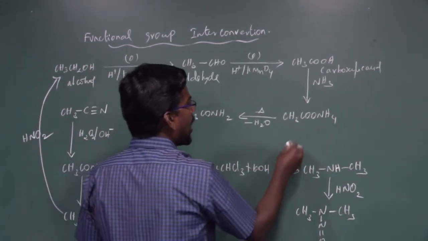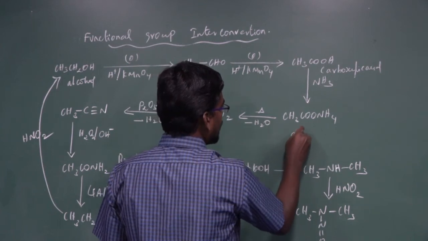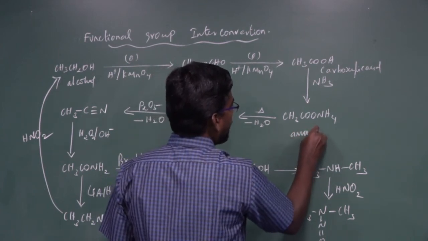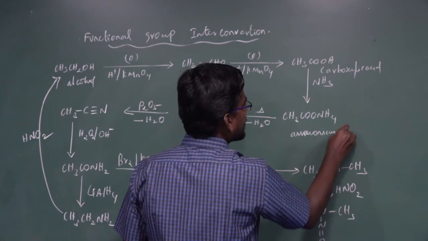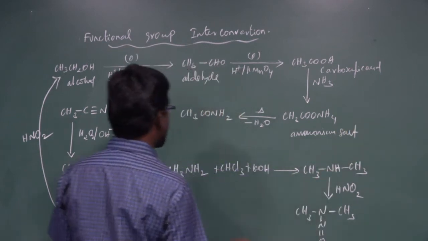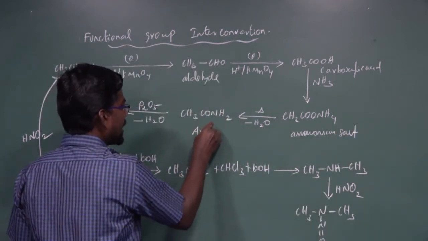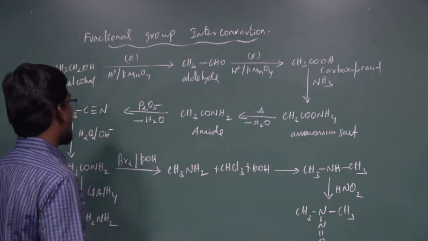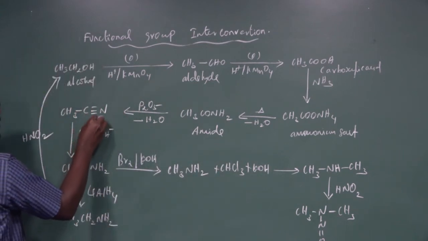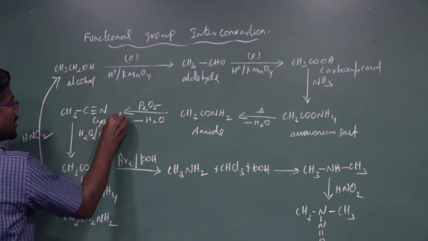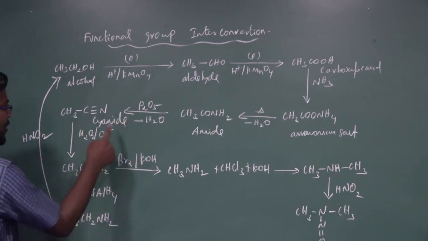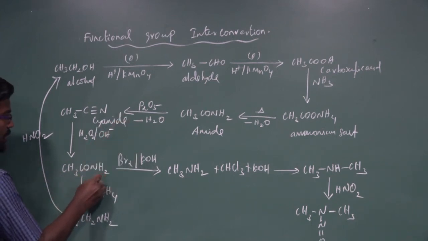Next, ammonium salt of acetic acid. Then the amide functional group can be changed into cyanide functional group. The cyanide functional group is further converted again into amide.